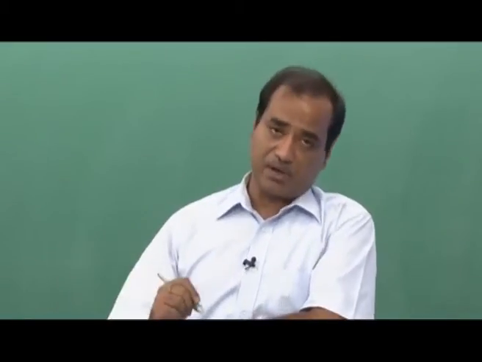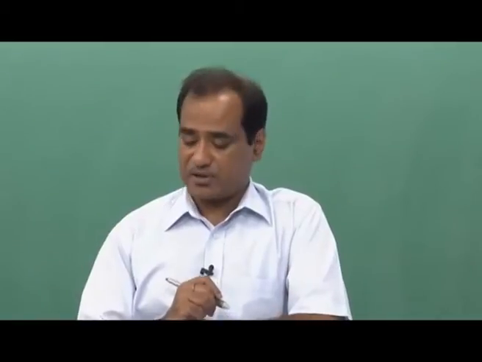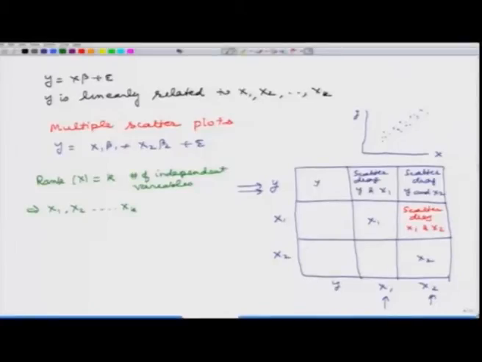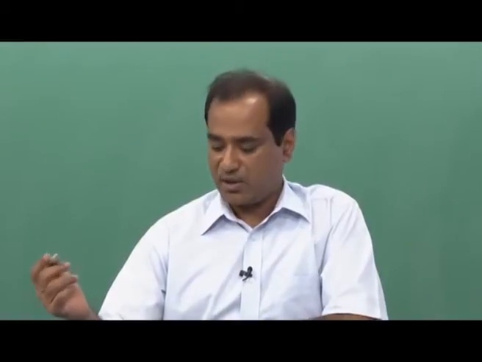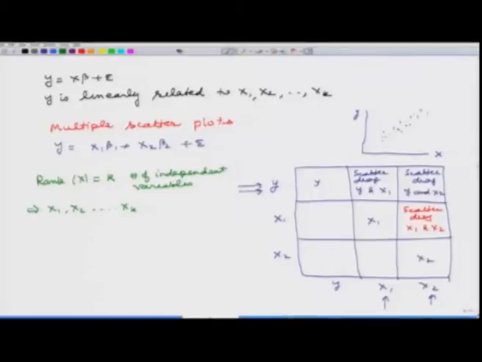So, this multiple diagram will help us in diagnosing the issue: for example, in this case, whether x1 and x2 are independent or not. In case we see a linear trend, or any other type of relationship, that would indicate that x1 and x2 are not independent. And this multiple scatter diagram is a symmetric diagram.